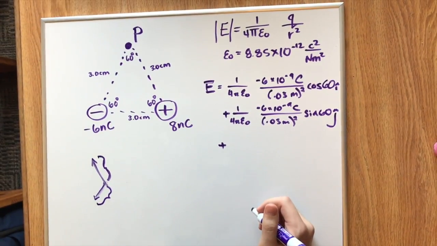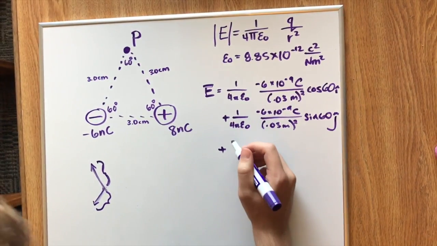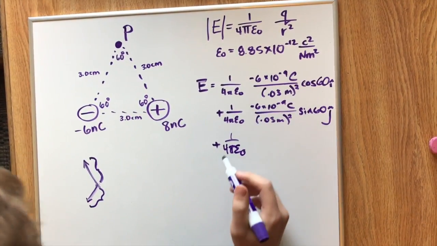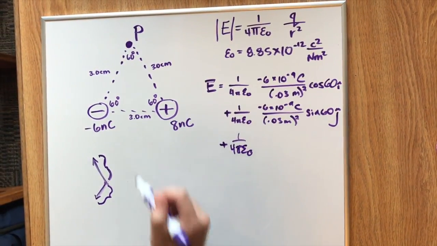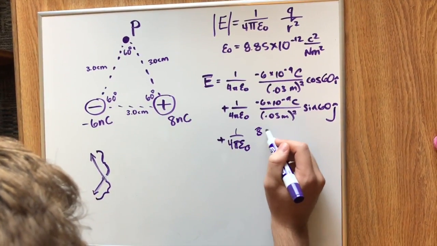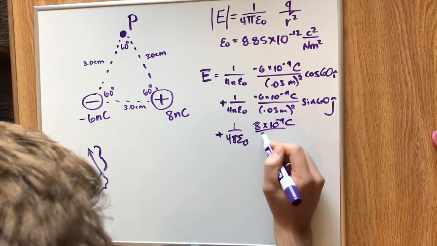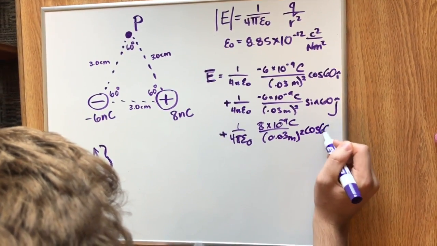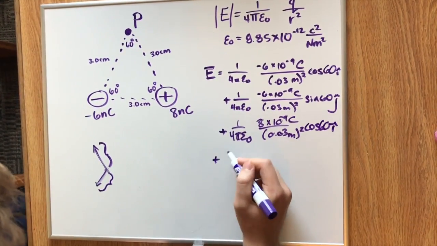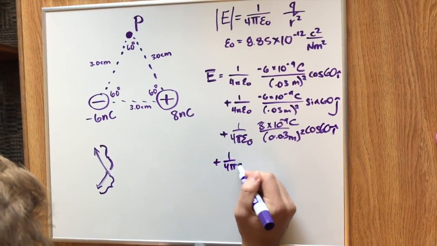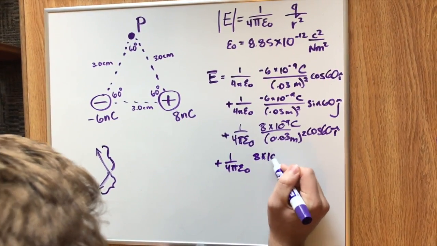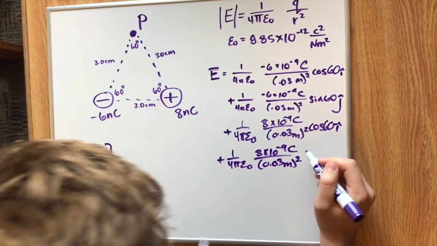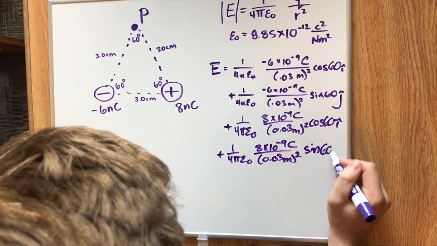And then for the other charge, we're going to do the same thing as we did for the first one, so plus 1 over 4 pi epsilon naught, except the charge for the positive source charge is 8 times 10 to the -9th coulombs over 0.03 meters squared, cosine of 60 i hat, plus 1 over 4 pi epsilon naught, 8 times 10 to the -9th coulombs over 0.03 meters squared, sine of 60 j hat.